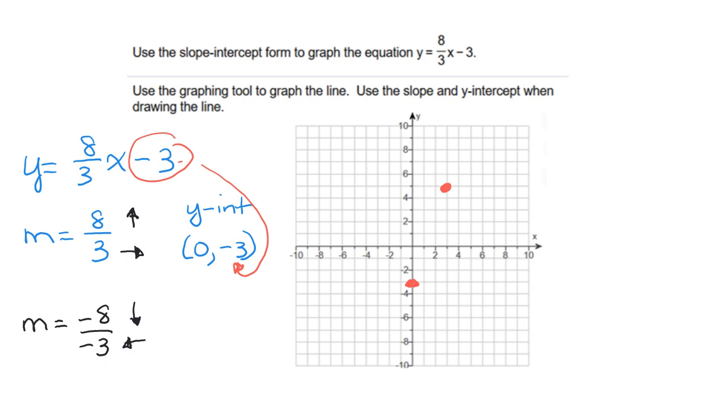And then we'll draw our line. All right, so once again, we plotted our y-intercept. We moved up 8 units, and then we moved to the right 3.